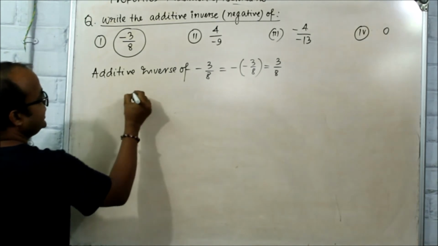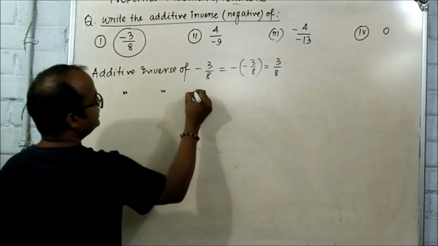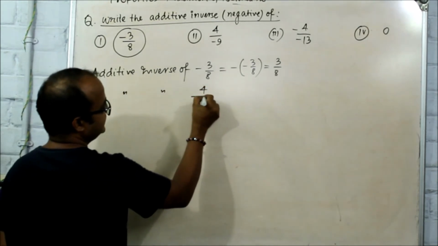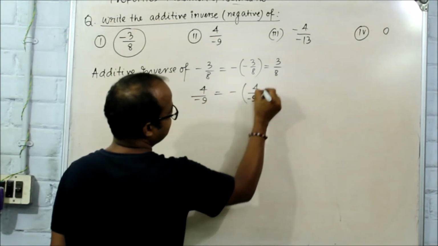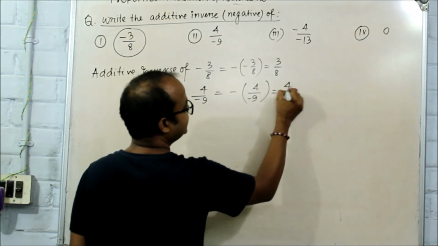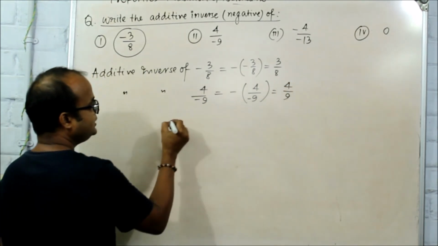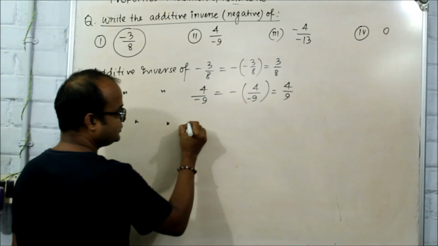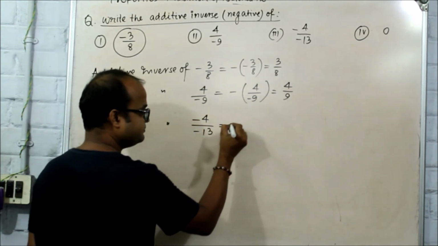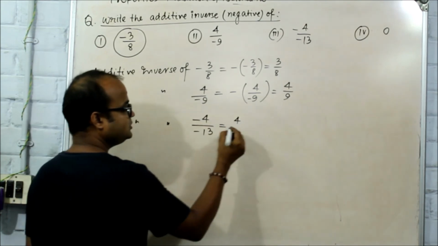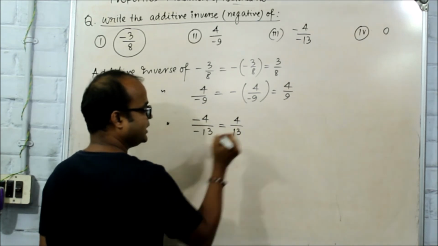Same way you can write additive inverse of 4 by minus 9 is equal to minus of 4 by minus 9. So this is equal to 4 by 9. Same way additive inverse of, now say, minus 4 by minus 13. So first simplify it. Cancel out the negative from the numerator and denominator.